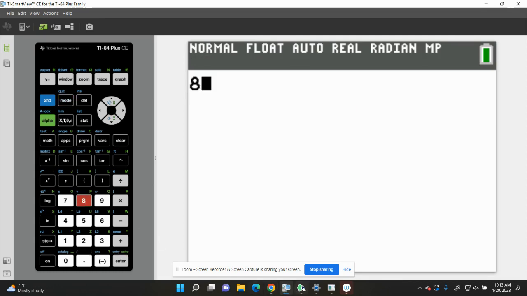This is 8 divided by 60 times 169. Oh, I need another parenthesis there. 60 times 169 parentheses divided by 144 parentheses.